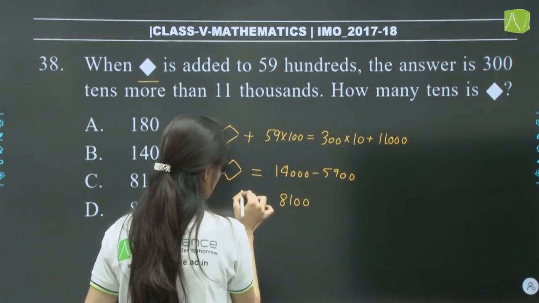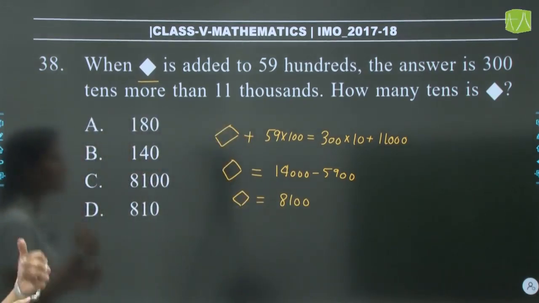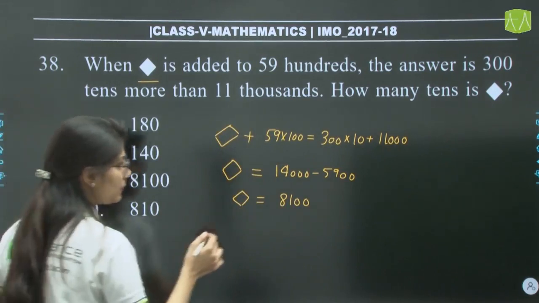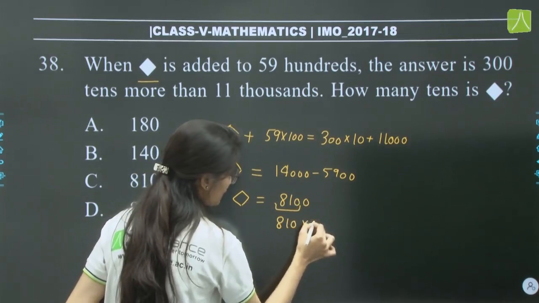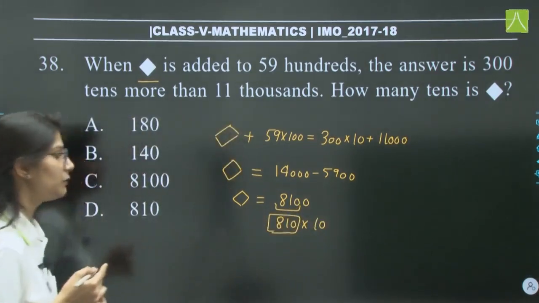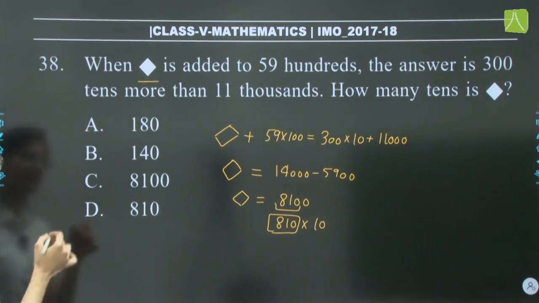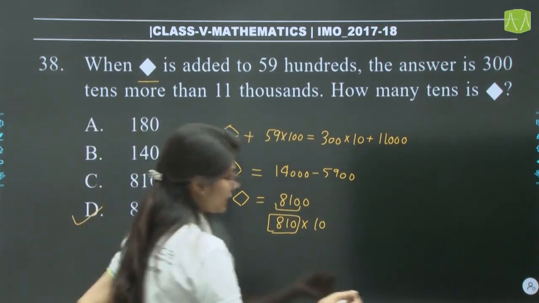So the value of this is 8100. But the question is asking how many tens is this shape. So how many tens will be 8100 divided by 10. So the answer will be 810, not 8100. So be careful when you are answering this question. This is option D, 810. Let's move to the next question now.